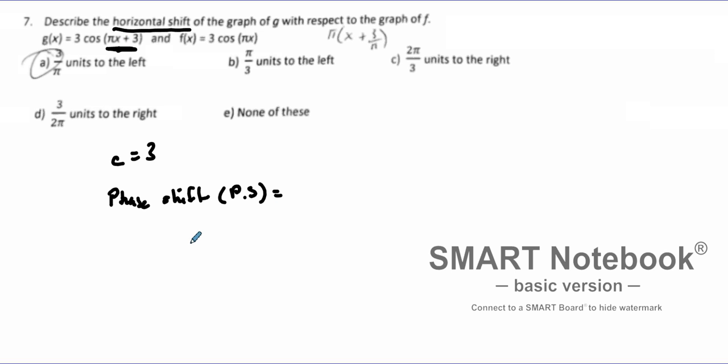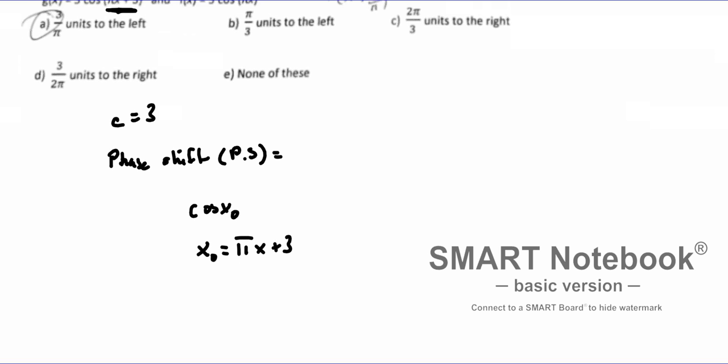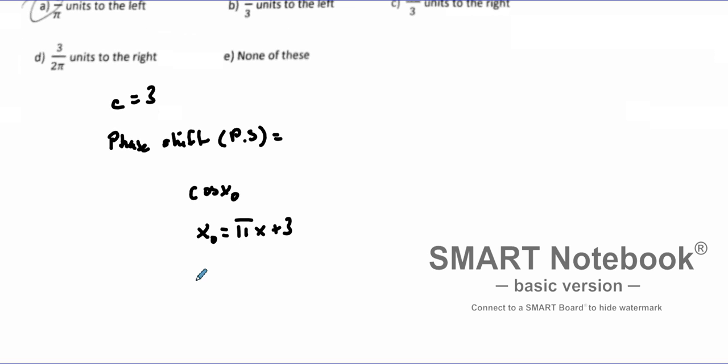Normally we have cosine of x, this is our original, and we have x sub 0, and we always take the inside, so we have pi x plus 3. Now we go through this process: we subtract 3, and then we divide by pi. That is what's going to be our shift.